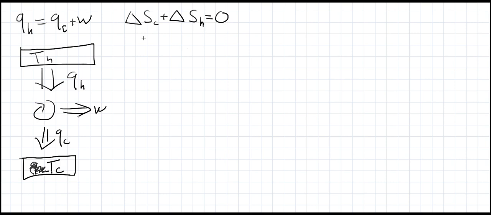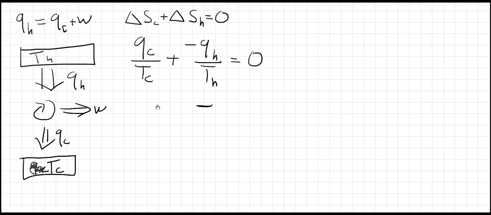So delta S for the cold is just going to be the heat that we put into the cold divided by the temperature. If we look at the heat source, though, we're pulling heat out, so we're going to be losing entropy from the heat source. In other words, this is going to be a negative number, this is going to be a positive number, and we have to make sure this positive number is enough to counterbalance this entropy loss, or the process will be impossible.